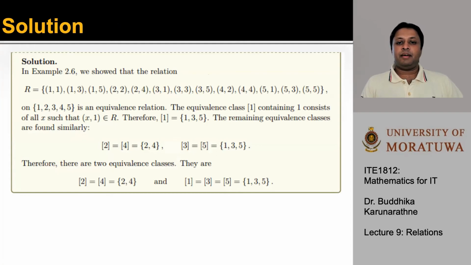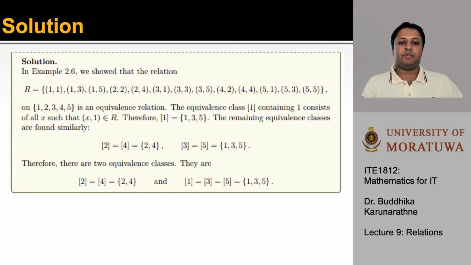So the equivalence class [1] containing 1 consists of all x such that (x, 1) is in R. Therefore, [1] is {1, 3, 5}. So similarly, you can find the remaining equivalence classes. For 2 and 4, you have {2, 4}.